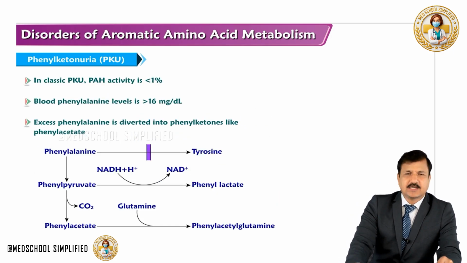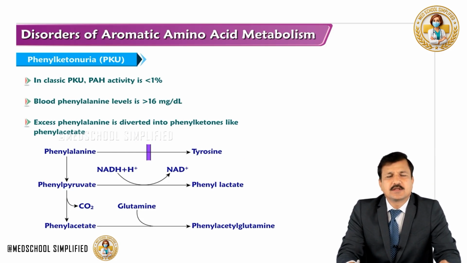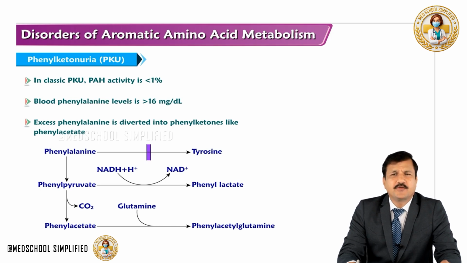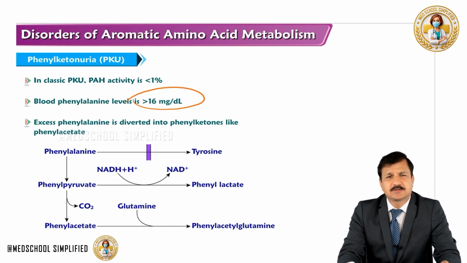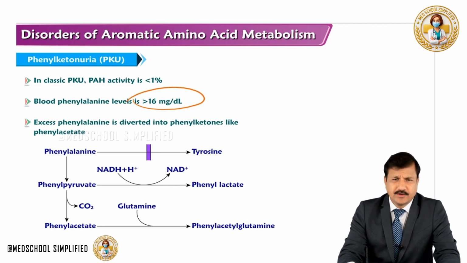So in classical phenylketonuria, the phenylalanine hydroxylase enzyme activity will be less than 1%. Blood phenylalanine levels will be more than 16 milligrams per deciliter. And this excessive phenylalanine in the cell may be diverted into other phenylalanine derivatives.